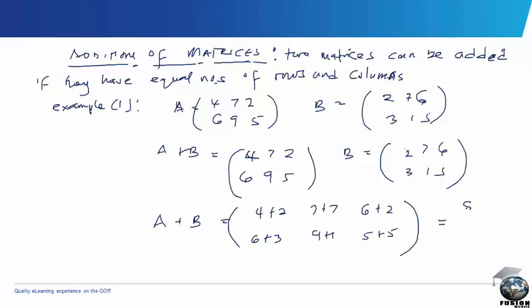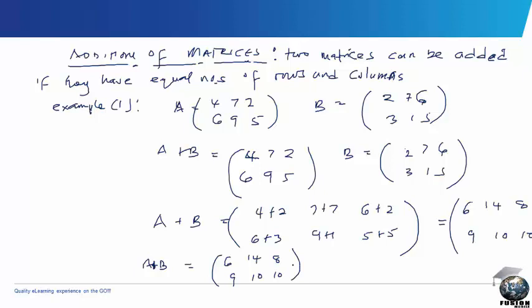And so 4 plus 2 is 6, 7 plus 7 is 14, 6 plus 2 is 8, 6 plus 3 is 9, 9 plus 1 is 10, 5 plus 5 is 10. So we have A plus B equal to the matrix 6, 14, 8, 9, 10, 10.